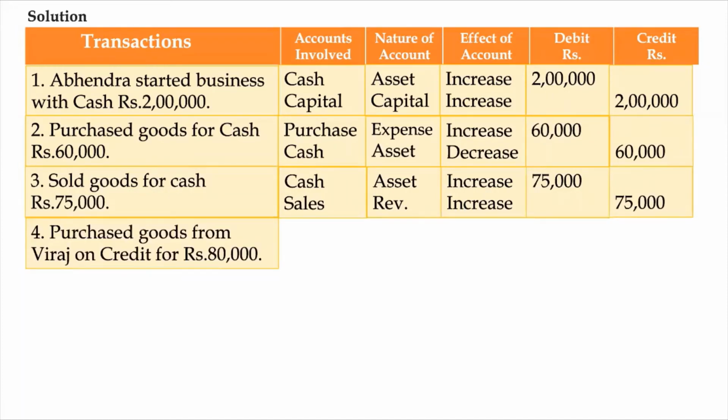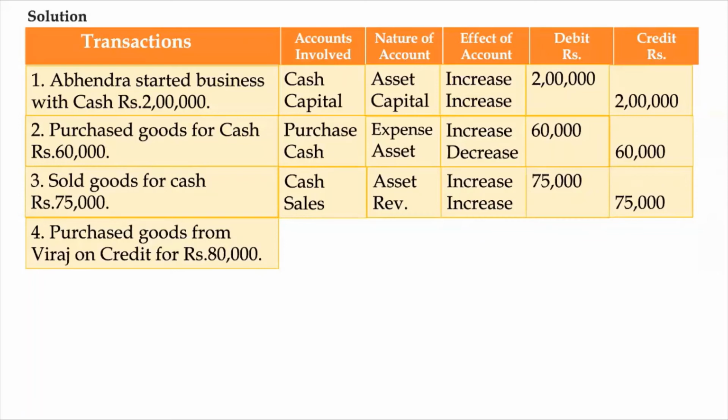Fourth transaction says that purchase goods from Viraj on credit for rupees 80,000. Now you have purchased goods from Viraj on credit. On credit means you haven't paid money yet. So in this transaction, which accounts are involved?